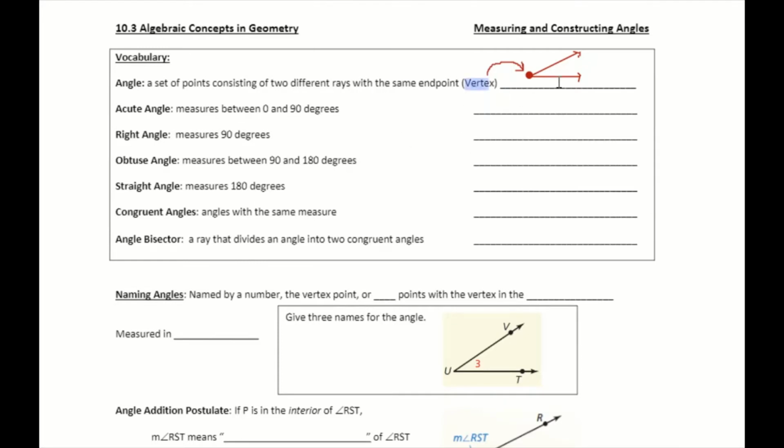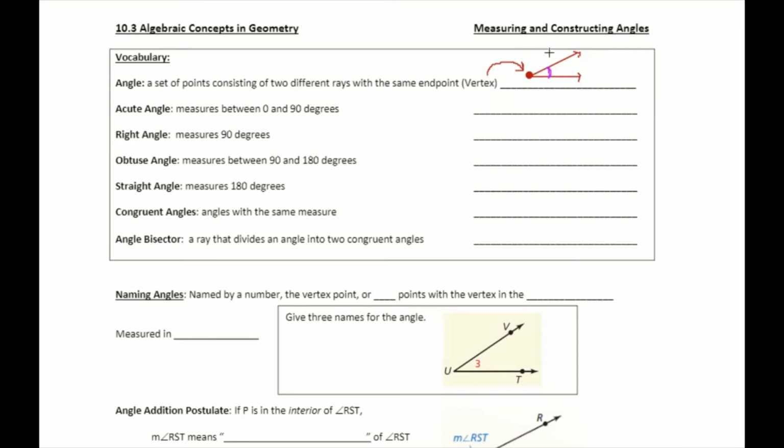So imagine I have this horizontal ray down here, and I turn it kind of like the hand of a clock, but I would go counterclockwise in this direction rather than clockwise. But let's say I rotated it and ended up where this secondary ray was. Well, that amount of rotation, as shown by this little curve, is indicating the angle.